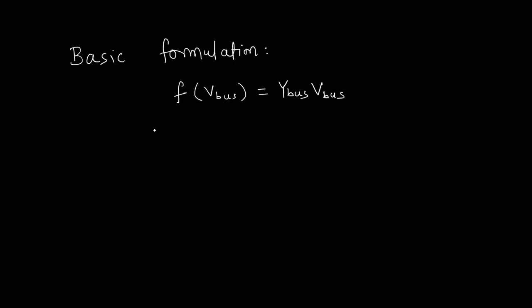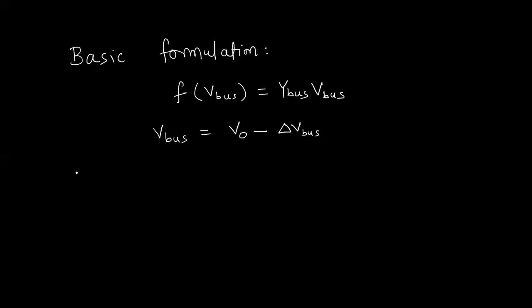Let us assume that the bus voltage can be expressed as a nominal voltage V naught minus the deviation from nominal voltage, represented as delta V bus. I have put a minus sign there because in a distribution system, at all the buses except the substation, the voltage is decreasing because passive loads are connected, and since distribution systems are mostly radial in nature, voltage keeps decreasing as we go away from the substation. So there is a voltage drop, and that is why the minus sign is there.